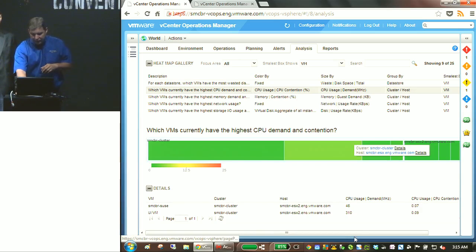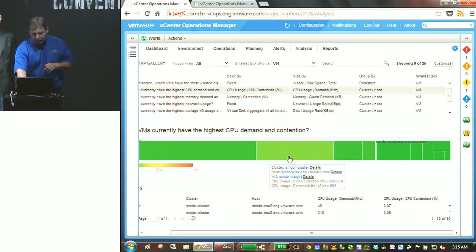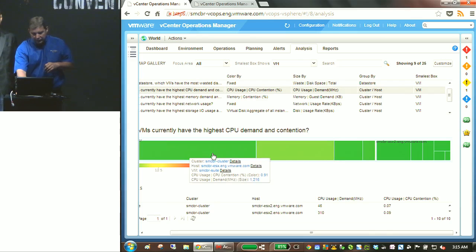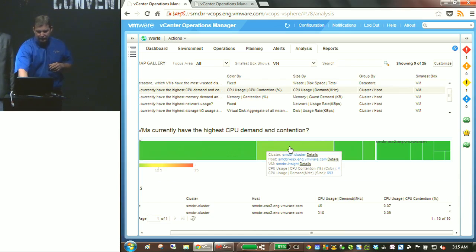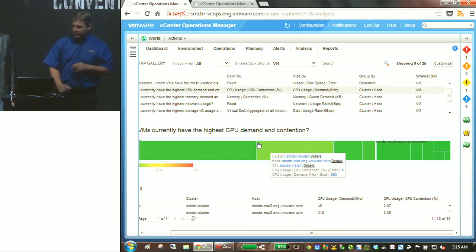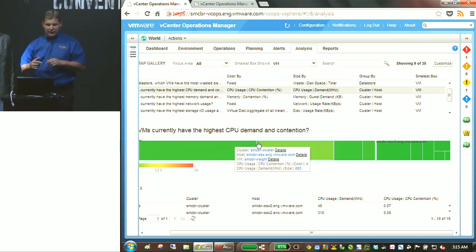We don't have a lot of contention happening right now, but I do have a cluster. I have a VM, which is the Suite VM, an app called Suite, and I have a VM called Log Insight. And Log Insight has a lot more latency than the other VMs because it's doing its own I/O.